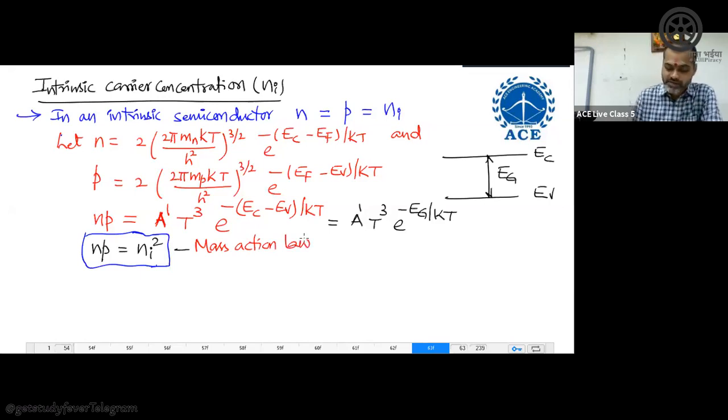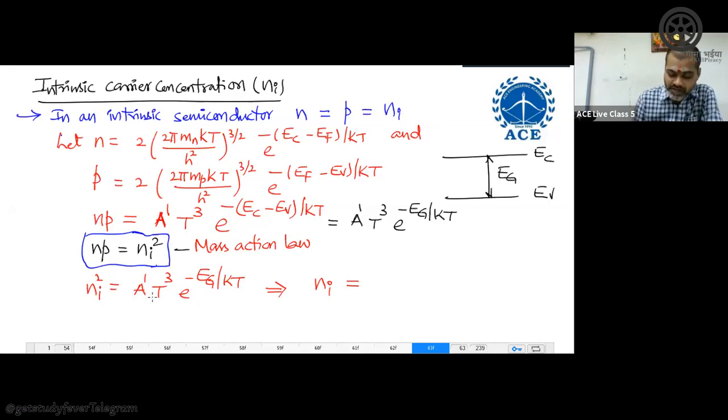So if that is the case, I can write Ni square is equal to some constant A dash into t cube into e power minus eg by kT. Or from this, I can modify it as Ni is equal to, so you have to take the under root.